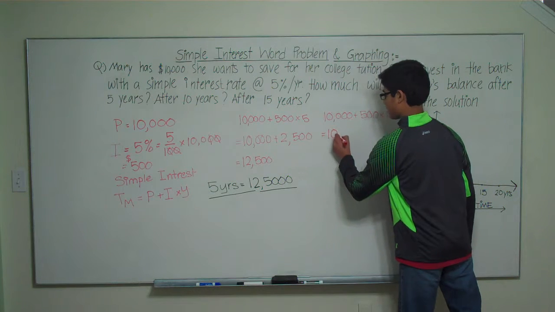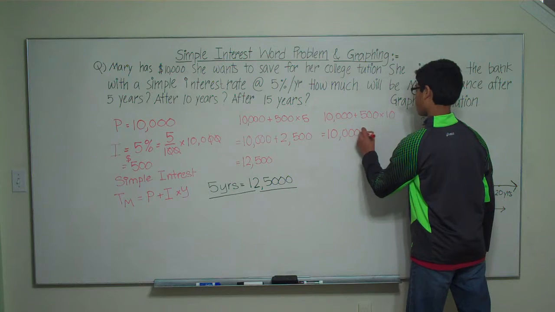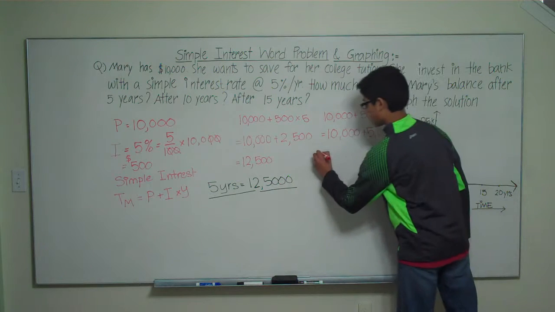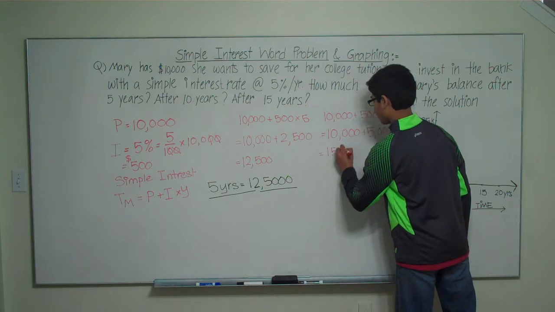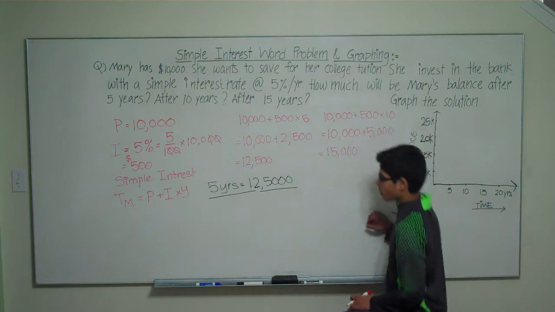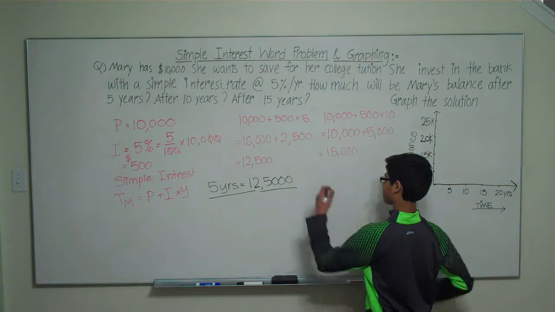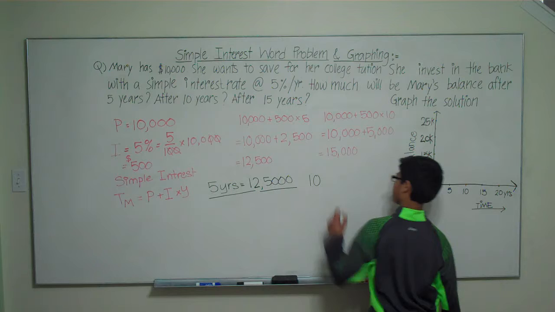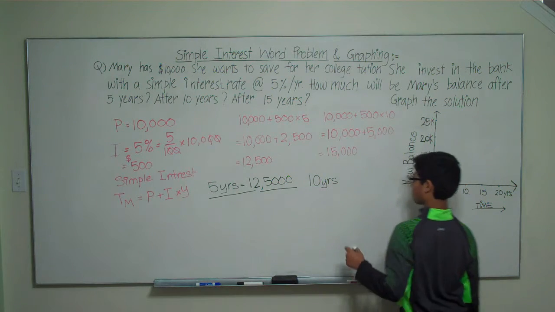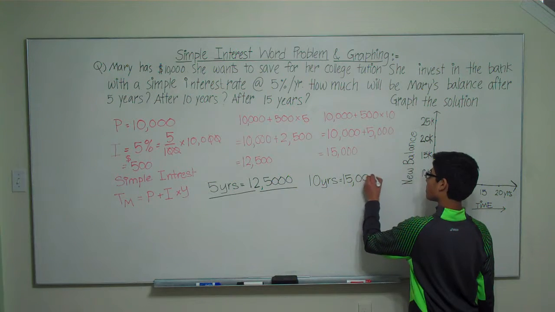This is equal to 10,000 plus $5,000, which is equal to $15,000. So, this means that in 10 years, she will save $15,000.